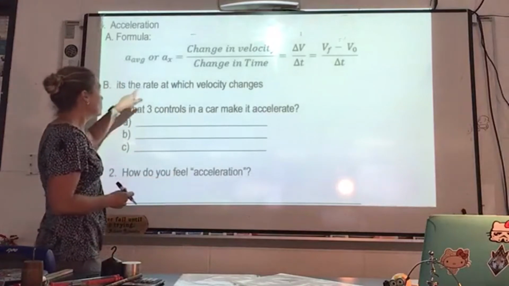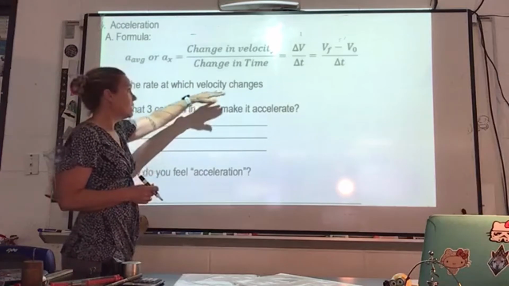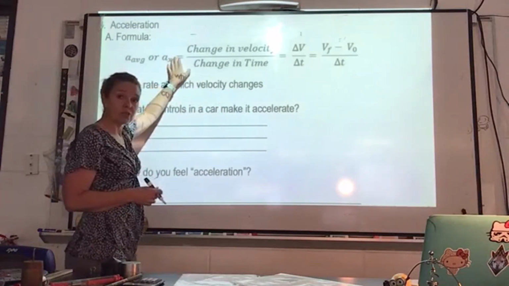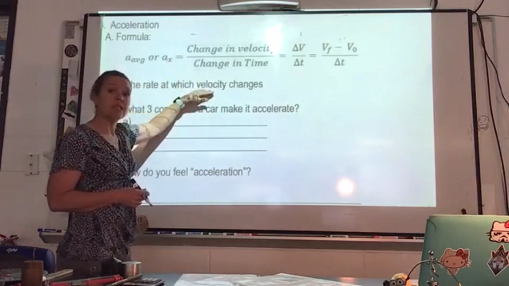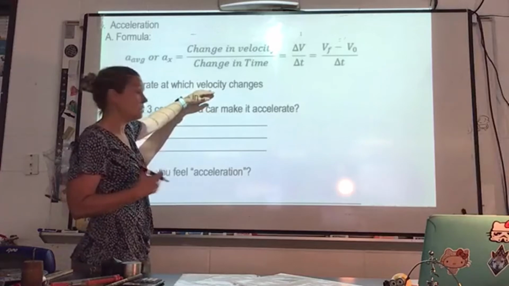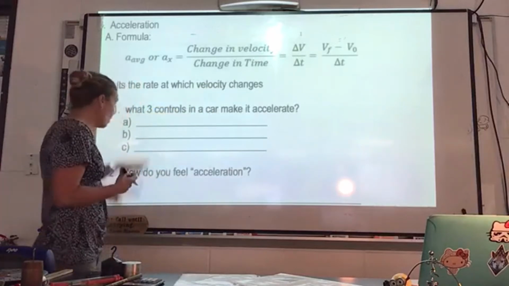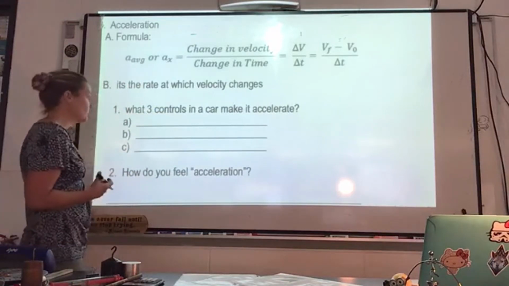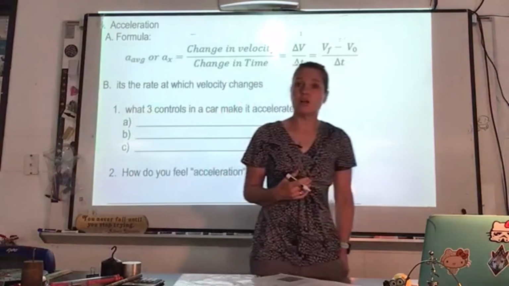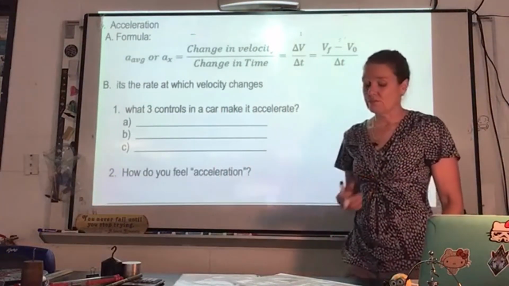It's the rate at which velocity changes. If you have no change in velocity, you have no acceleration. If you are speeding up, if your velocity is increasing, then we have a positive acceleration. Here is the question I always ask. What three controls in a car make it accelerate? Let's see if you can think of the answer for that.